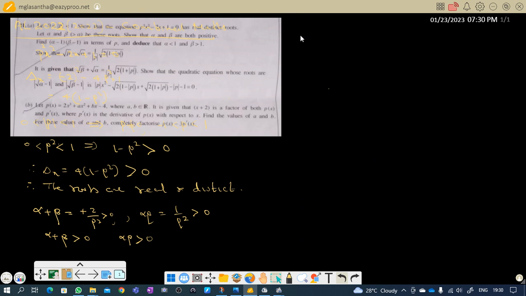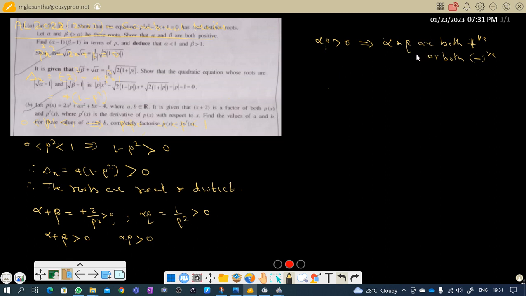Now alpha beta greater than 0 implies that the roots alpha and beta are both positive or both negative, because the product of two numbers is positive, so both can be positive or both can be negative, right?